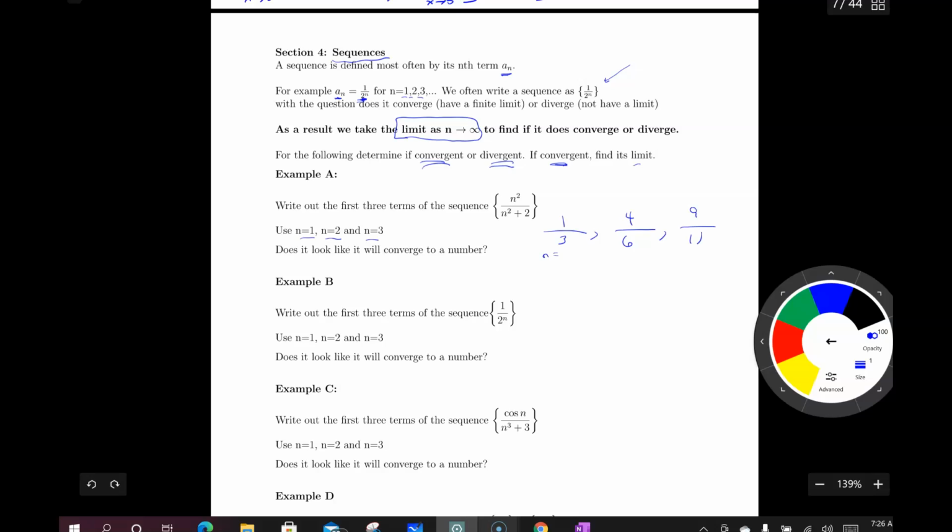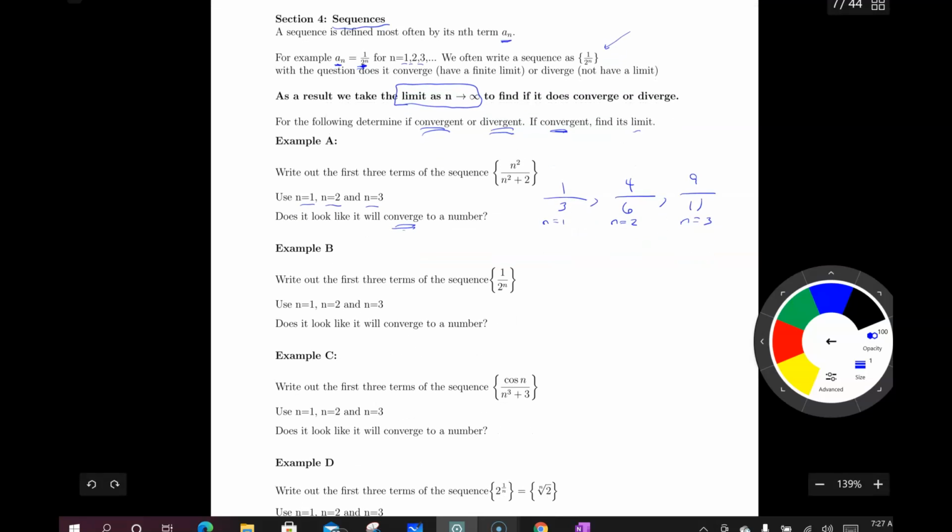A sequence of numbers is just numbers separated by commas. Does it look like this would converge to a number? Not sure. It does look like the numbers are getting closer to 1, but we would have to look at a limit to make sure.